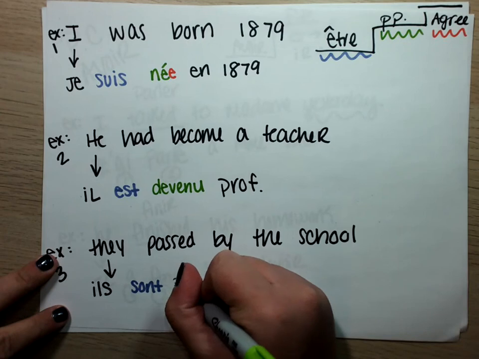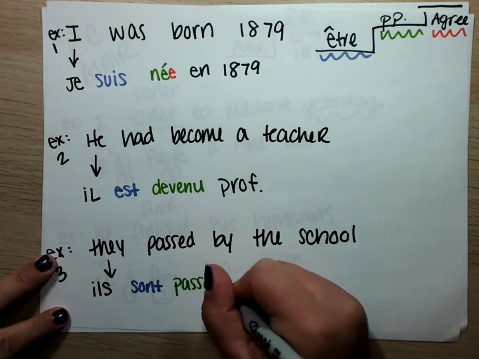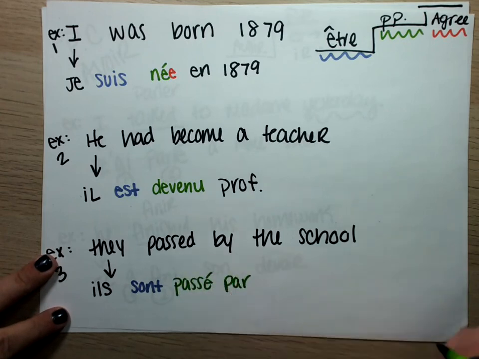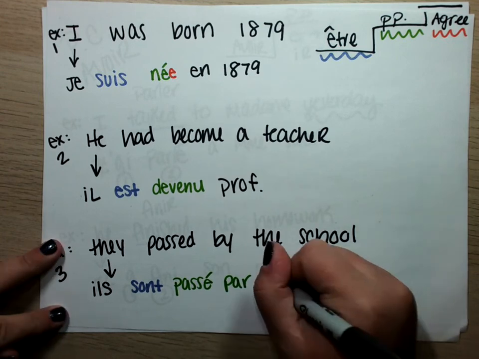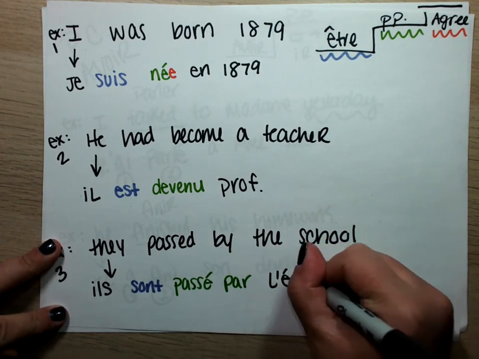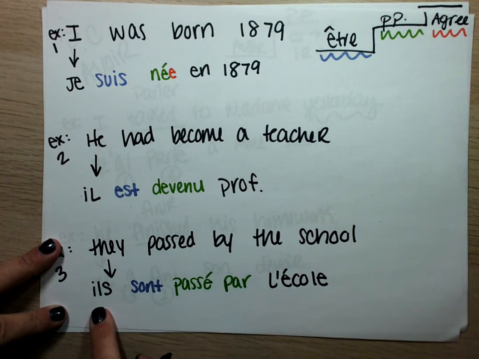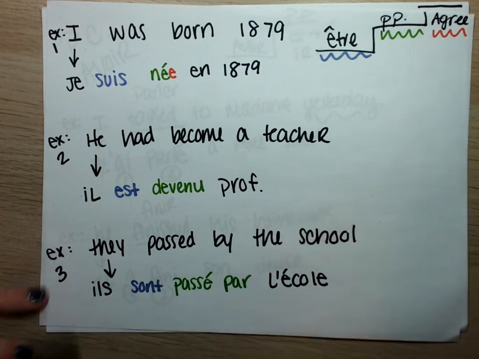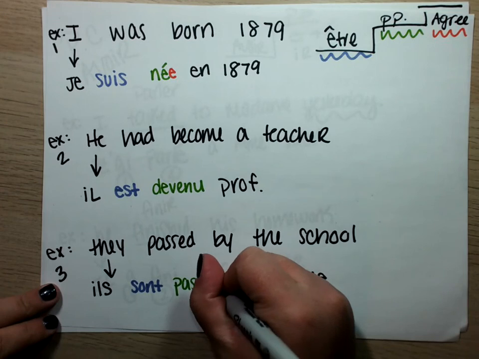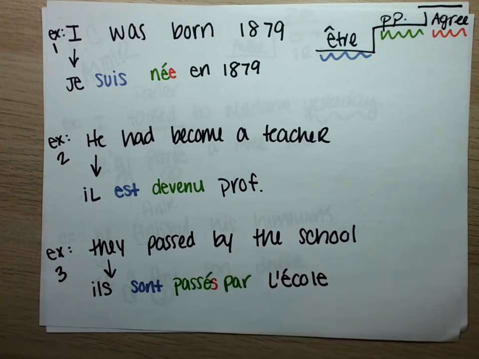So ils sont passés par, and we can finish with l'école. Now, because this is plural, I need to make an agreement. Because it's plural, but it's masculine, I need to add an S onto the end. So, ils sont passés par l'école. They had passed by school.